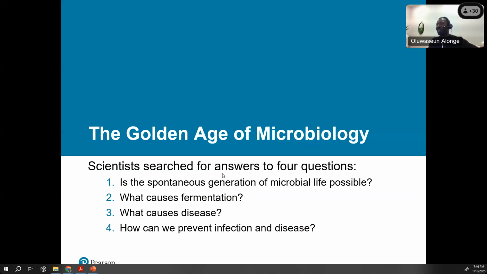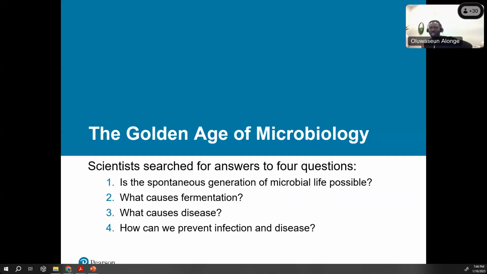Now, scientists searched for answers to these four questions, which are the things that actually characterize present-day microbiology. The first question is: is the spontaneous generation of microbial life possible? Is the thought that microorganisms just evolve spontaneously without any precursor possible?